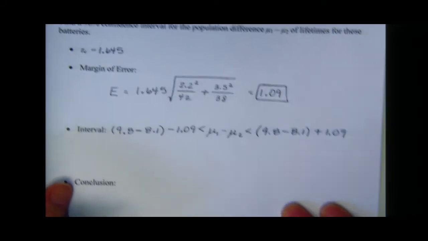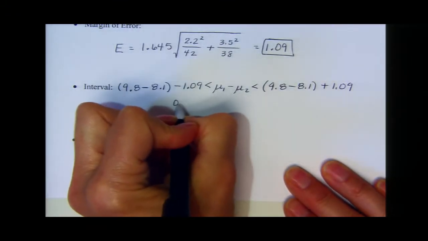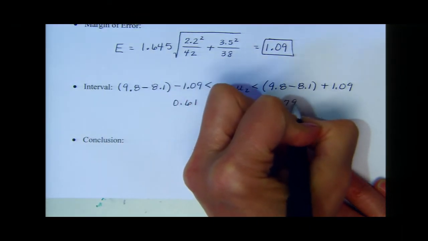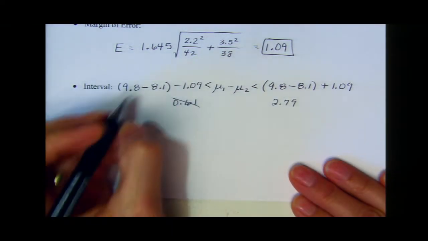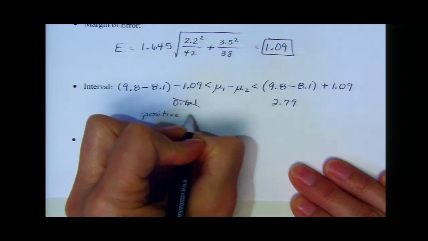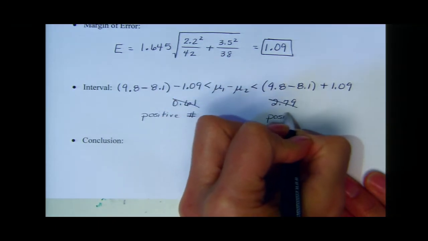Now, we can do this calculation, and that's fine. This would give me 0.61, and over here I would get 2.79. But those numbers don't have any significance at all. All I care about knowing is that this yielded a positive number and this yielded a positive number.